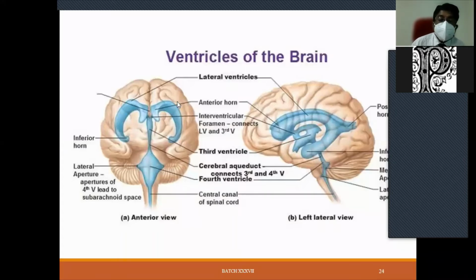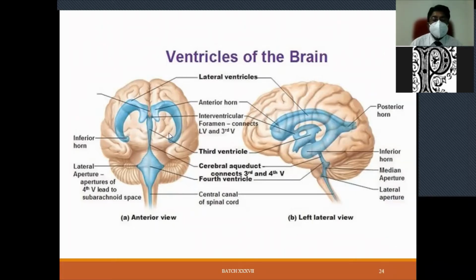So there is a protrusion on the anterior side, which is called the anterior horn, and on the posterior side it is called the posterior horn, and then to the lateral side, that one is called the inferior horn because it goes downwards. So each lateral ventricle consists of an anterior horn, a posterior horn, and an inferior horn.